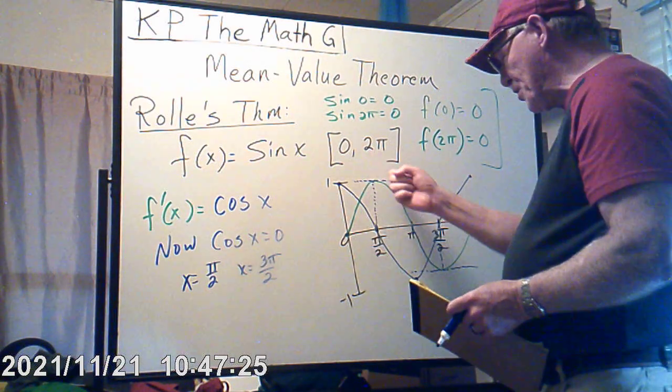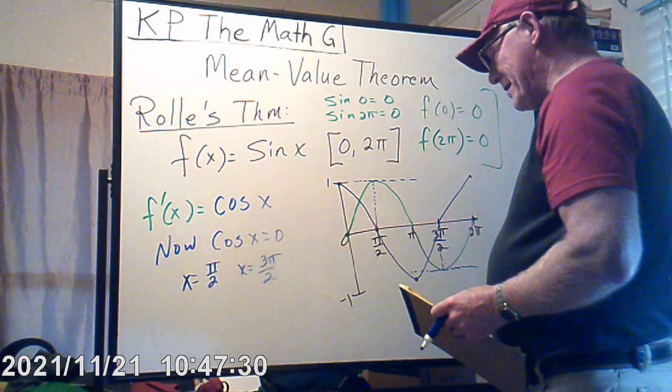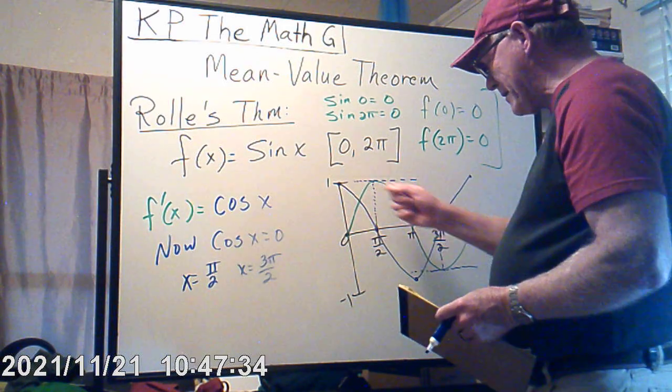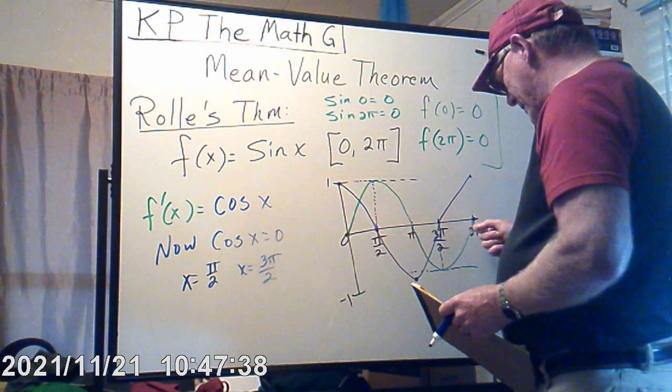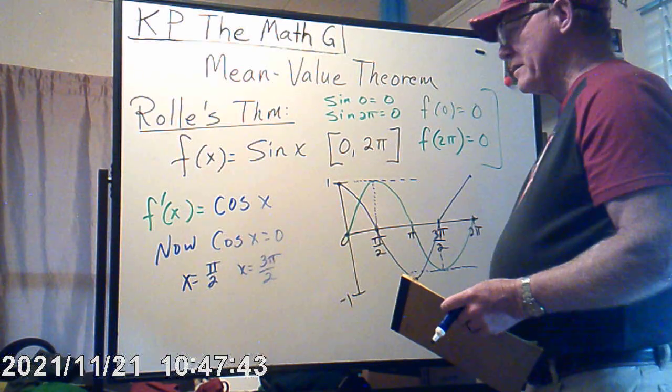We've got a smooth curve instead of a cusp or something like that. It's not disjointed or anything, and so we can see that somewhere between 0 and 2 pi we have at least one horizontal tangent.